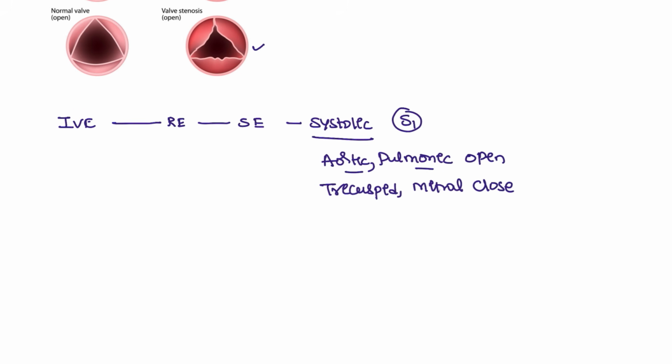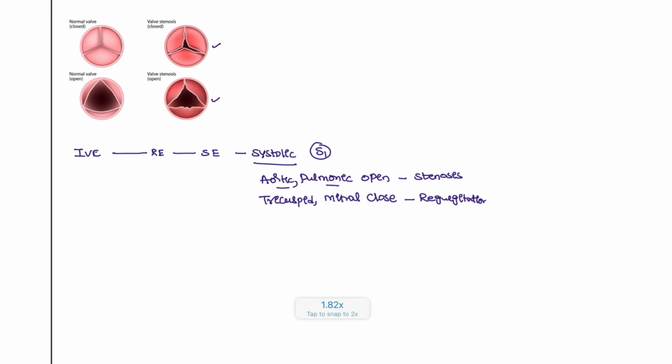So during the systolic phase, the stenosis will be seen in the aortic and the pulmonic, and the regurgitation is seen with the closed ones, that is the tricuspid and the mitral. So now tell me, which are the systolic murmurs? Systolic murmurs are aortic stenosis, pulmonic stenosis, mitral regurgitation and tricuspid regurgitation, right?